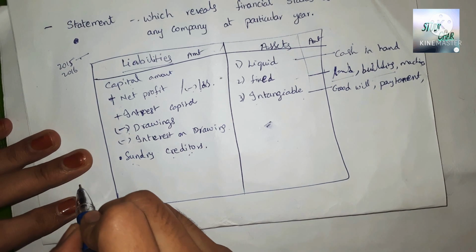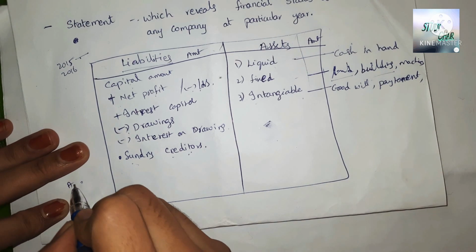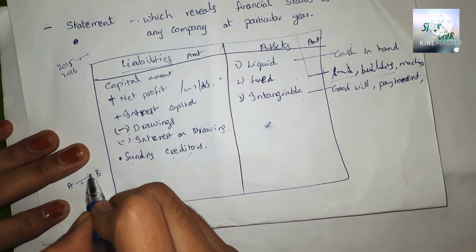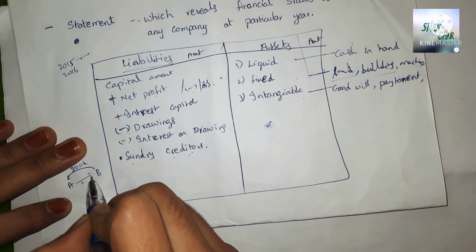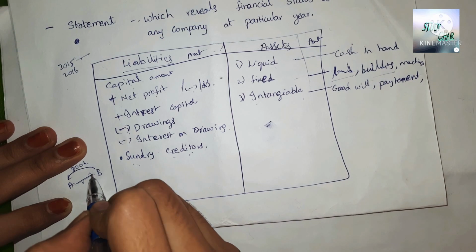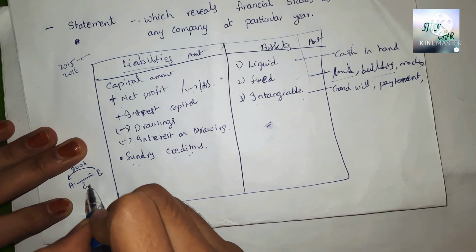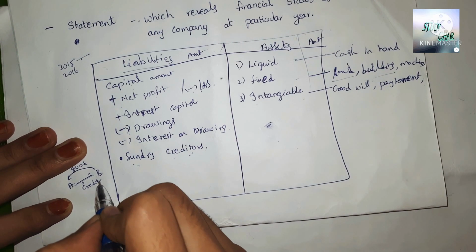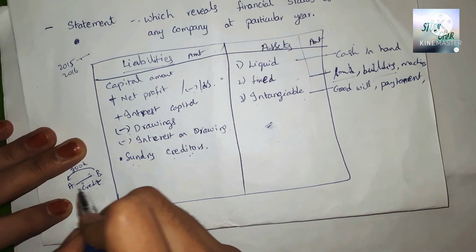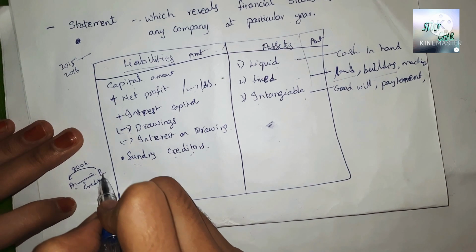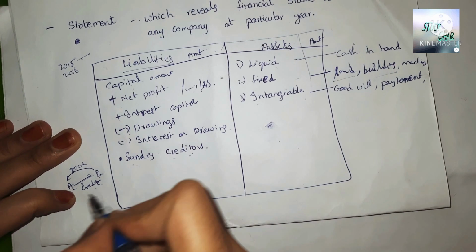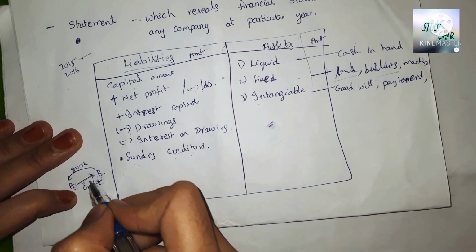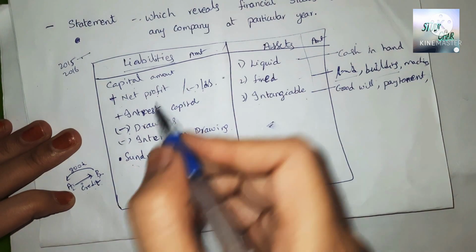For example, A takes goods from B, but A won't give the cash to B. On credit basis, that means like a loan basis, he takes goods from B. So he should pay B in future. That's why this comes under liabilities.